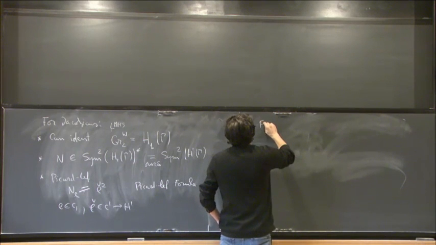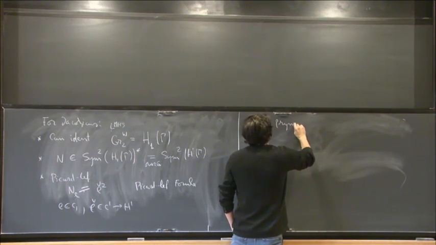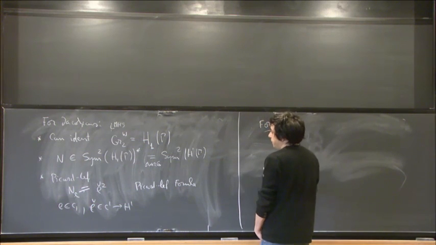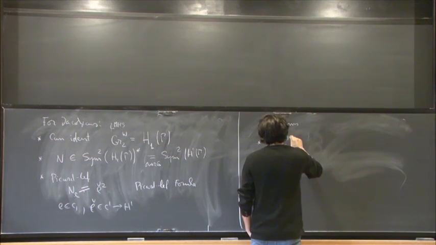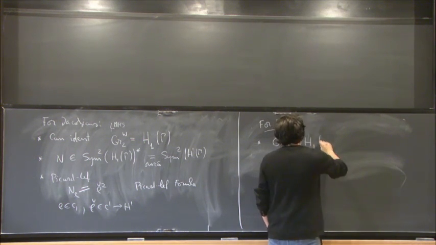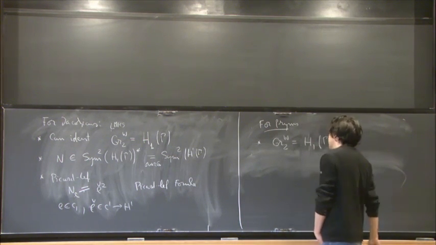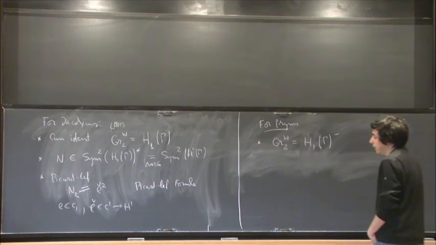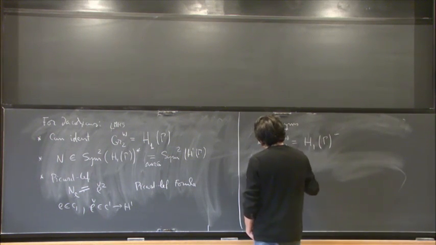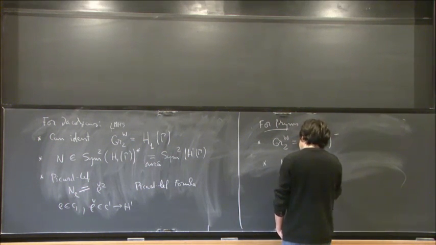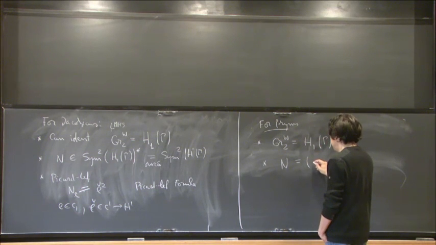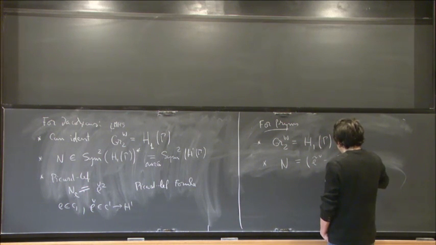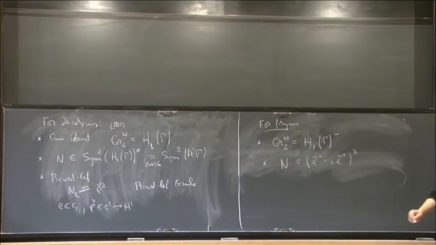So for Prym, we prove, and it's not particularly difficult, that the GR2 part is H1 of gamma minus, the anti-invariant part in H1, and then the monodromy transformation can be identified with E tilde dual minus the E tilde dual, to the square.